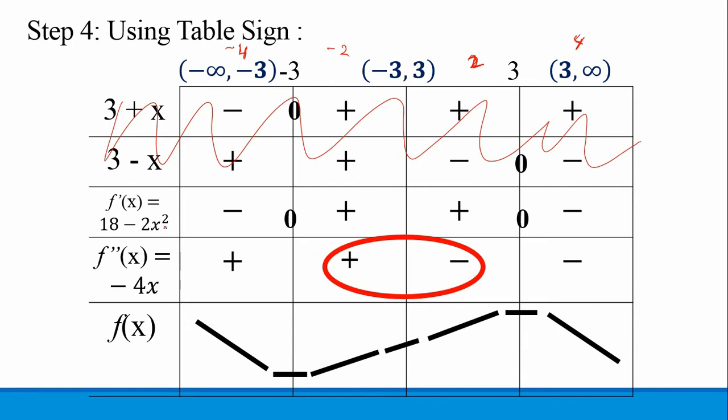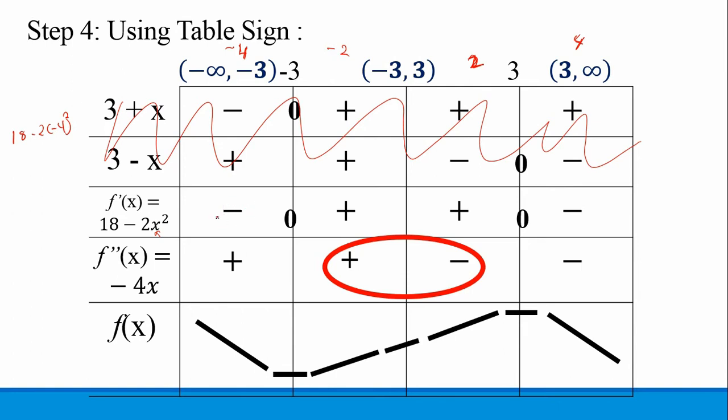For the first derivative column, I substitute negative 4 into this one. You substitute and get 18 minus 2 times negative 4 to the power of 2, and you will get that the value is negative.